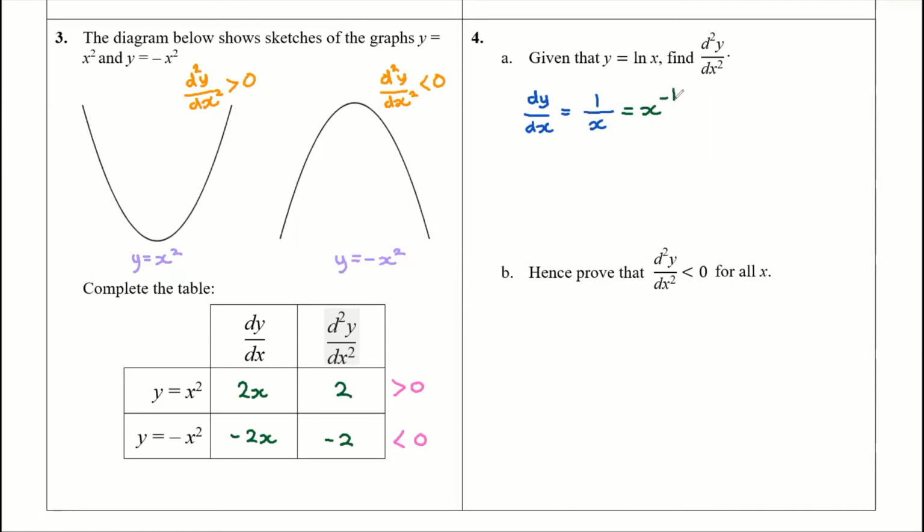We need it in index form because we're going to have to differentiate it again. So therefore, d2y by dx squared is going to equal minus x to the power negative 2, which is, of course, negative 1 over x squared.